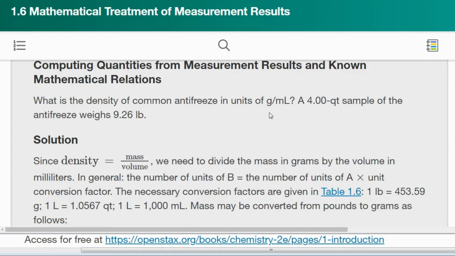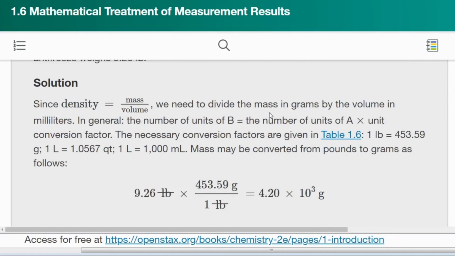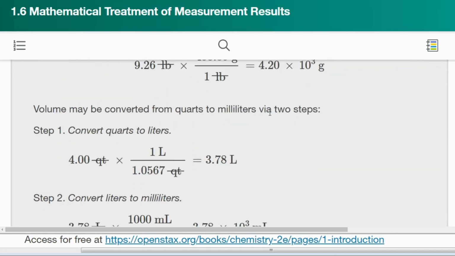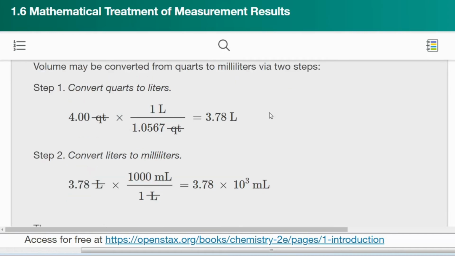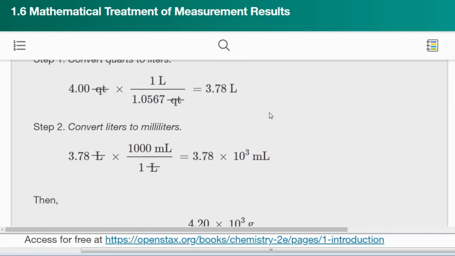Okay, now it's starting to make sense. So we convert the 4 quarts into liters, and that's going to be 3.78 liters. Now we need to convert liters to milliliters. 1,000 milliliters is equal to 1 liter.